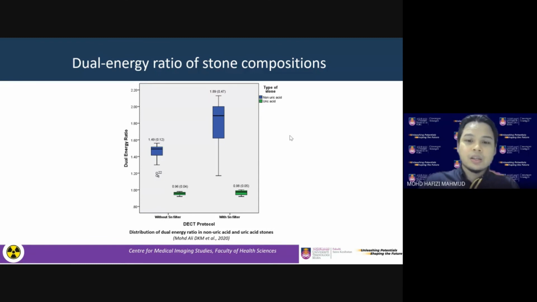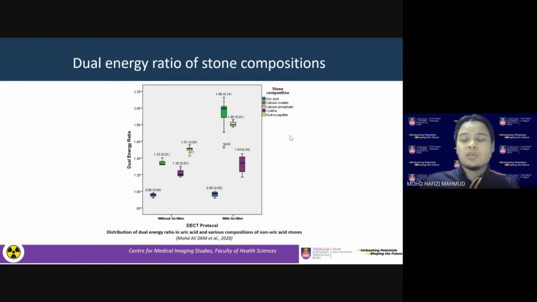Then this is also something I would like to highlight here. When we apply the thin filtration, it can clearly show and characterize the non-uric acid stone. On the stone composition, we have uric acid, calcium oxalate, calcium phosphate, cysteine, and hydroxyapatite.